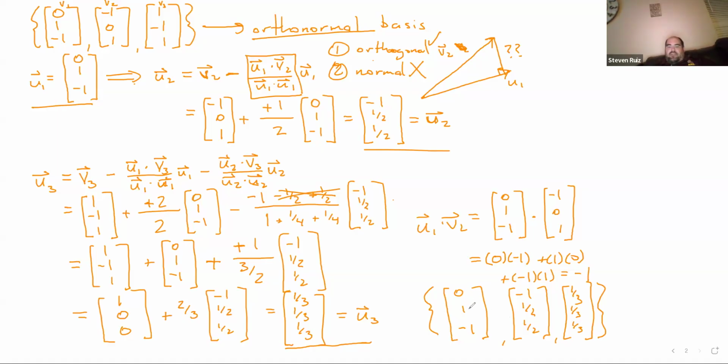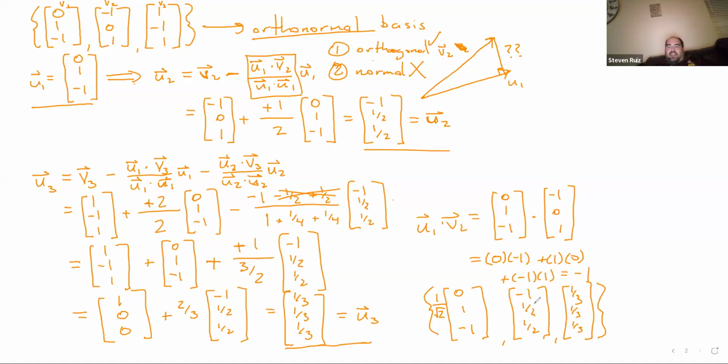What's the magnitude of 0, 1, -1? That'll be 1 squared plus 1 squared, 2. So the magnitude is the square root of 2. So because of that, if I want to normalize this first vector, I can just multiply the whole thing by this scalar, 1 over radical 2. Doing that will give the overall vector a magnitude of 1.